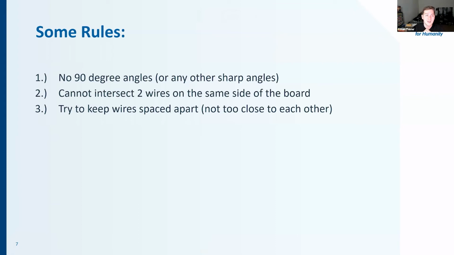The first one: it is best practice to avoid 90-degree angles. 90-degree angles cause a lot of issues, but normally only when you get up to high frequencies. If you're just using a power line or a ground line, you can have a pretty safe 90-degree angle if you're not using super high currents or anything like that.